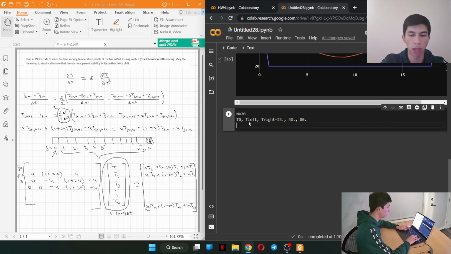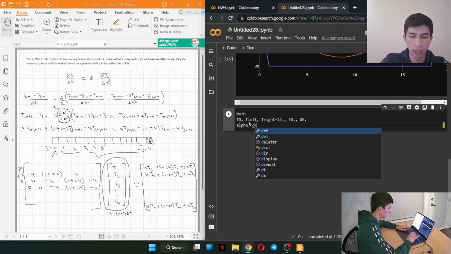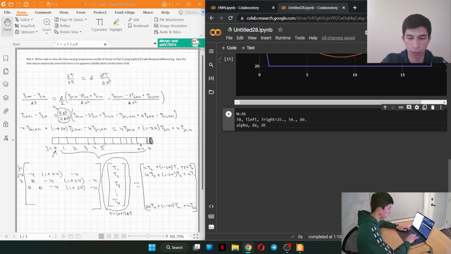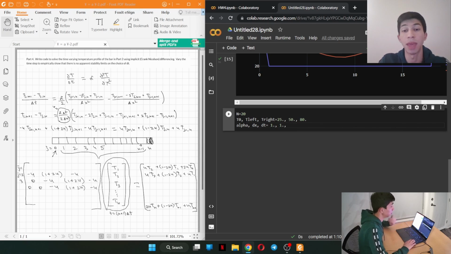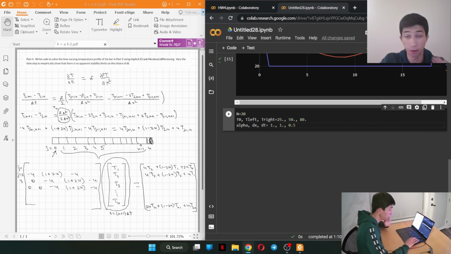And we also know alpha, dx, and dt. Our alpha was 1, our dx was 1. Okay, let's make our dt 0.5 first. We're going to check if it is valid for other values after we plot our graph, okay?